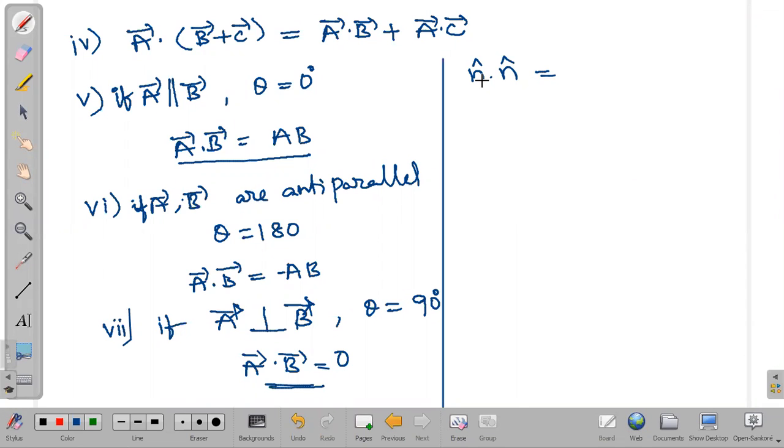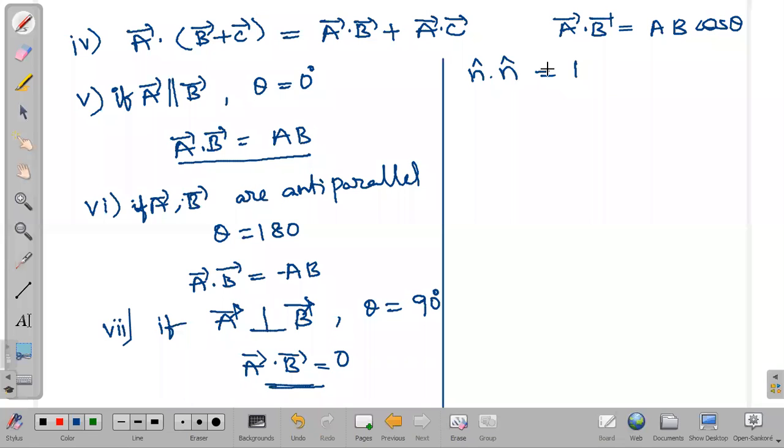N cap magnitude. When we were writing the scalar product, what we have written? A bar dot B bar is equal to AB cos theta, right? Now, if these two given unit vectors are parallel to each other, that means this is also along the x-axis, this is also along the x-axis. What happens? Already they are unit vectors. What is its magnitude? 1.